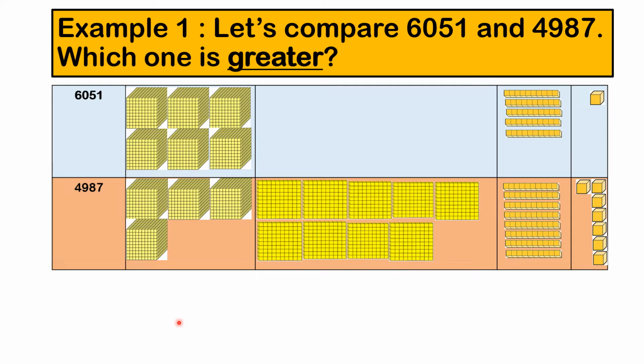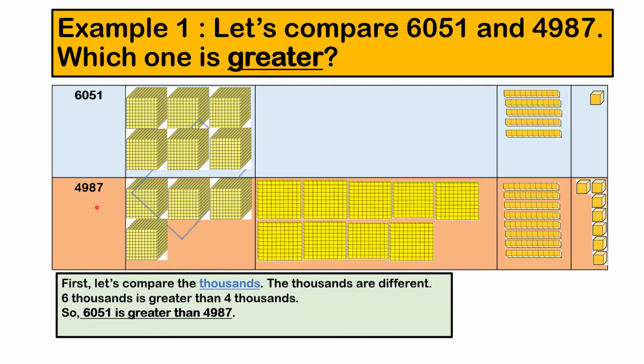So let's have a look at the first example where we want to compare 6,051 and 4,987. From these two numbers, we want to know which one is greater or bigger. Let's compare the thousands first because the thousands are the first digit of the two numbers.